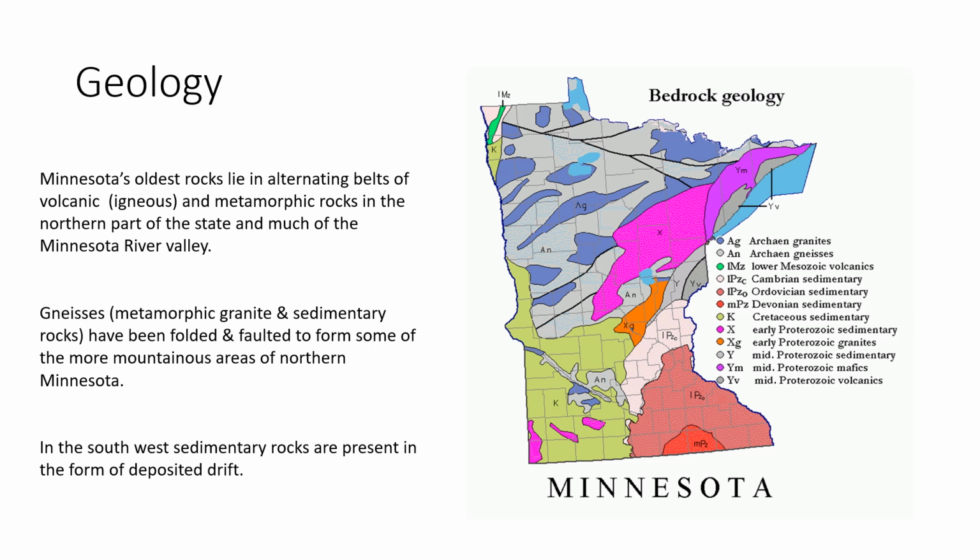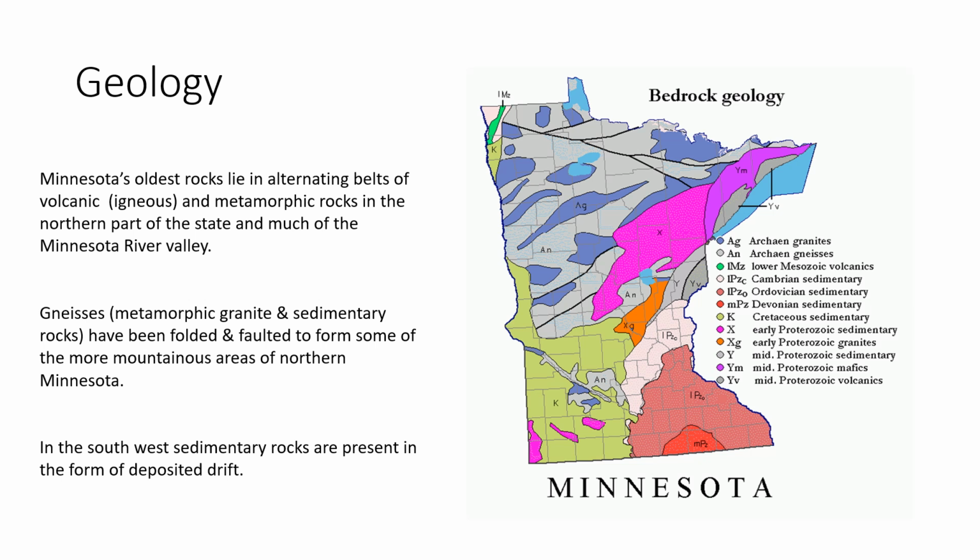We find more sedimentary rocks further south in the middle and southern parts of Minnesota because they have been developed as a result of deposition, both by the ice, the glacial ice, but also by meltwater and glaciofluvial processes.